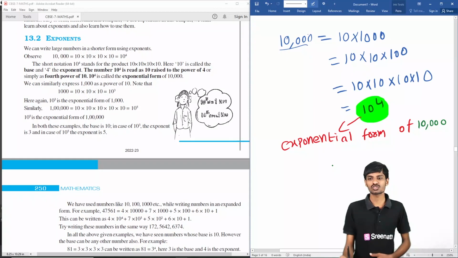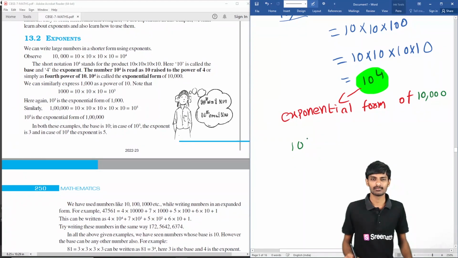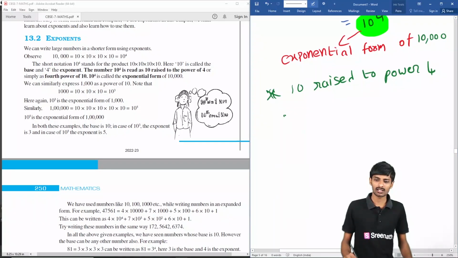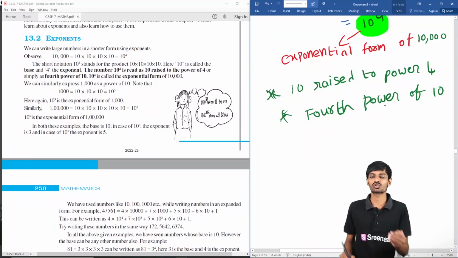We can also call it 10 raised to power 4, which is 10 power 4. Okay, friends, another name is the fourth power of 10. So 10 raised to power 4 or the fourth power of 10, whatever you want, you can call it, students.